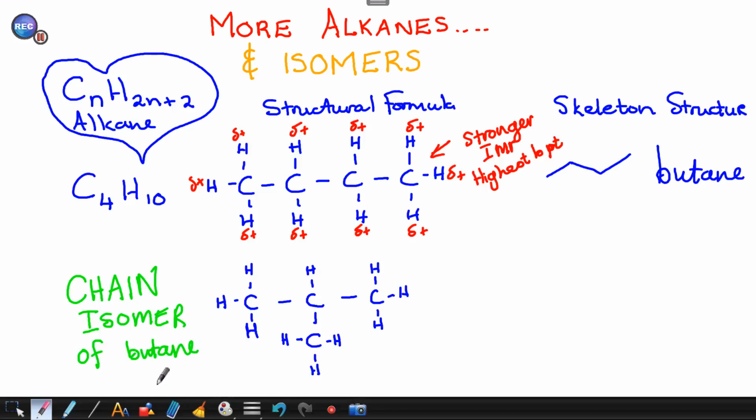Okay. Now, the rules are, you find the longest carbon chain in that molecule and you number the carbon atoms in the chain. So here, because it's a habit, I'll start from the left-hand side. 1, 2, 3.